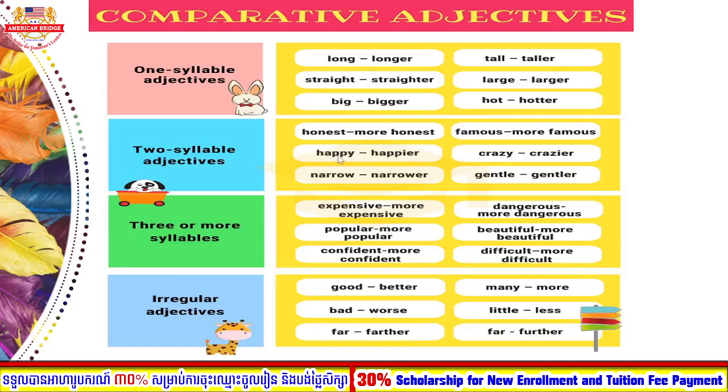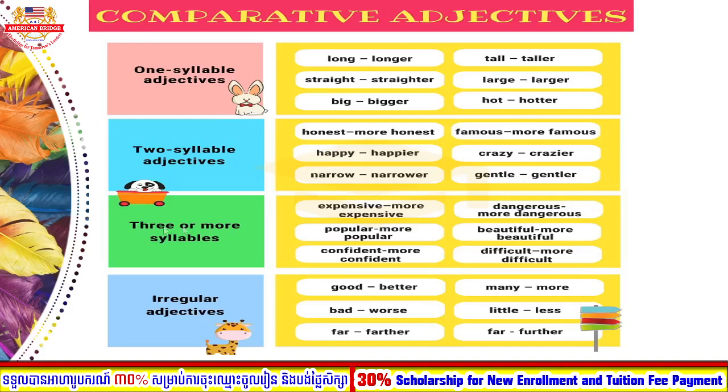H-A-P-P-Y. You need to erase the y and change it to I-E-R when you change it to comparative. So happier, crazy, crazier, narrow, narrower, gentle, gentler, right?